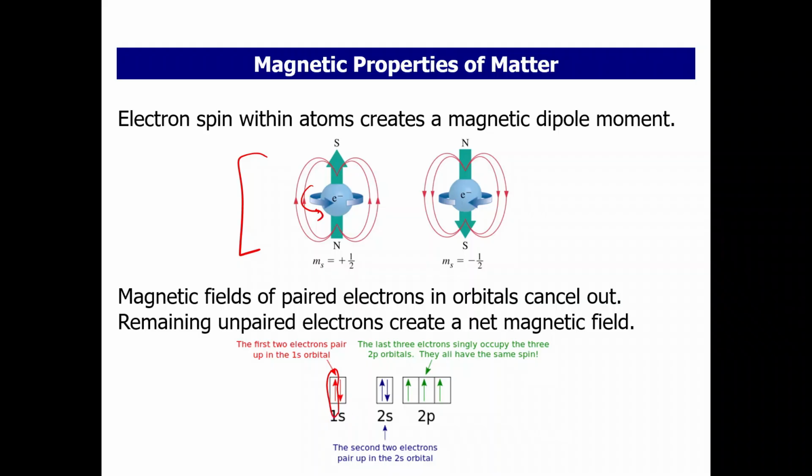That would be the same as this upward arrow in the orbital diagram. And then this one here is spinning in the opposite direction. That one is spinning clockwise, and so that's creating a field in the opposite direction. So you have your up and down arrows.